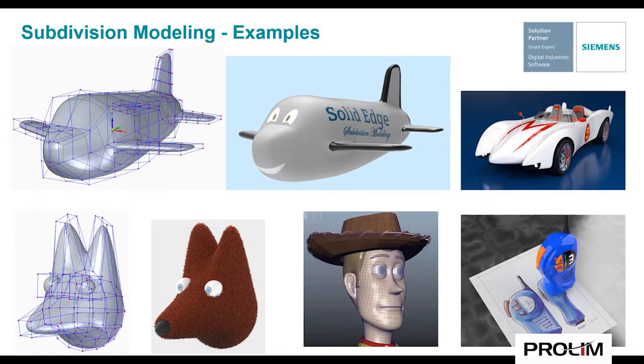Here are a few other cool examples, in my opinion. A fun fact: Disney's Pixar studio actually uses subdivision modeling technology to create some of these popular faces you see here. A few of these images were also rendered using the Solid Edge KeyShot application that's also included free with Solid Edge when you download.